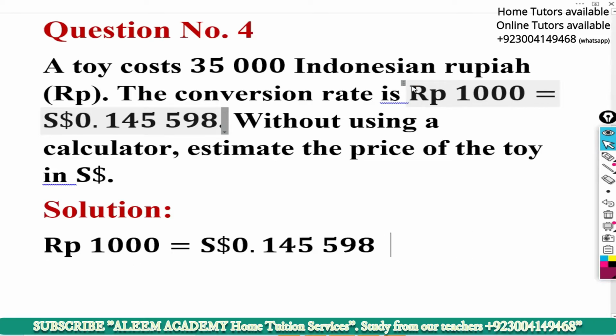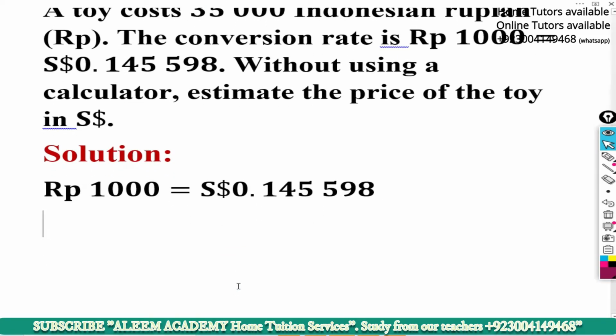Now see what we have to find. We have to find, without using a calculator, the estimated price of the toy in S dollars. So the thing that you have to find in the answer should be on the right side. This is already on the right side, you can see S dollars. Then the question becomes a little easy for you.